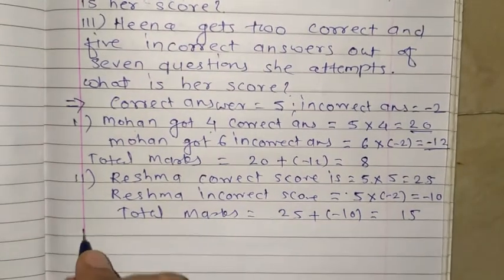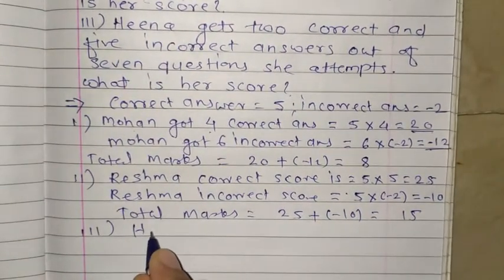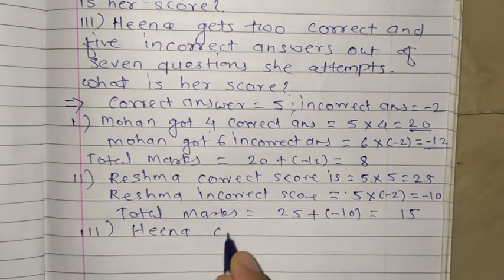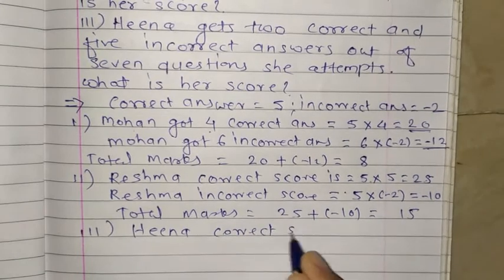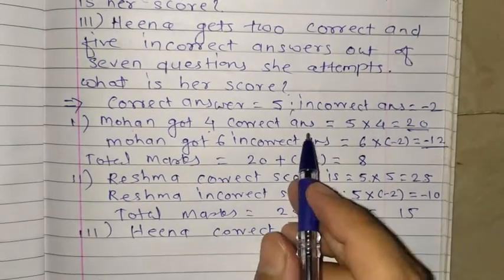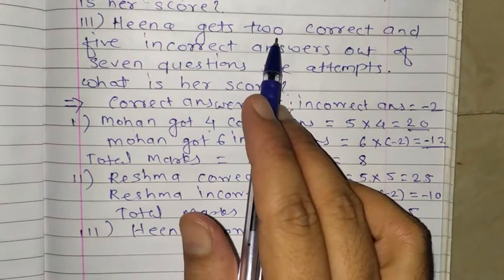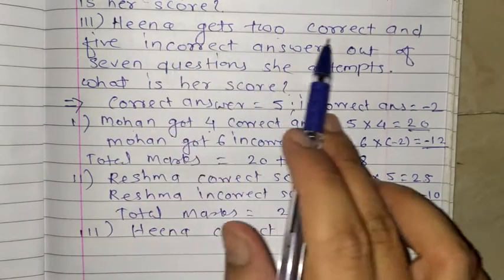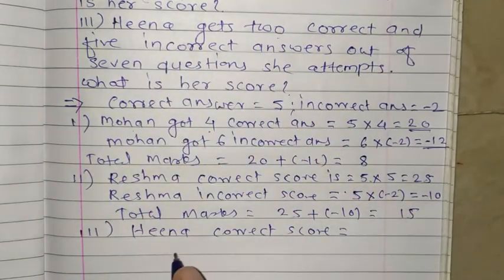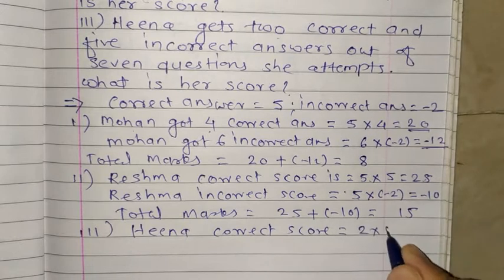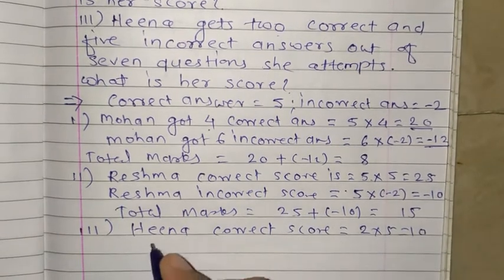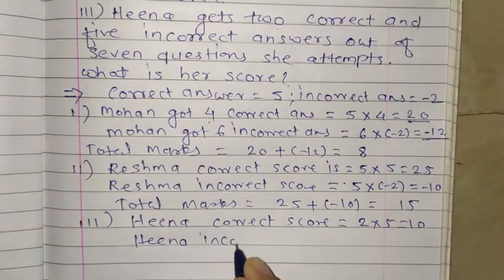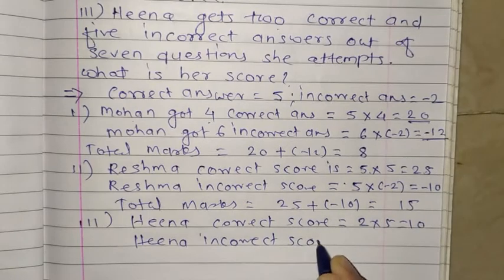Now we go on to the third part, Hina. Hina correct score. How much did she get correct? 2 correct, and Hina gets 2 correct and 5 incorrect. So her correct is 2. So 2 into 5 is 10. And next one is Hina incorrect score.